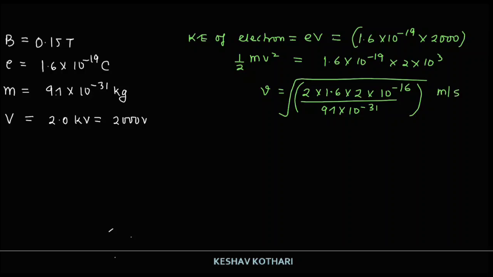Now in the first part, the question is asking us to calculate the radius if the field is transverse to its initial velocity. So when the field is transverse to its initial velocity, this time there is no angle part. So we say that the value of radius r can be simply calculated as r equal to mv by qB.